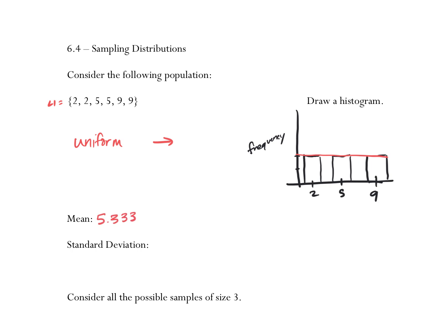And then what was the standard deviation? 2.87. Did you use the sigma or the S? Because this is a population, we would use sigma. So 2.87? Are we all in agreement on this?